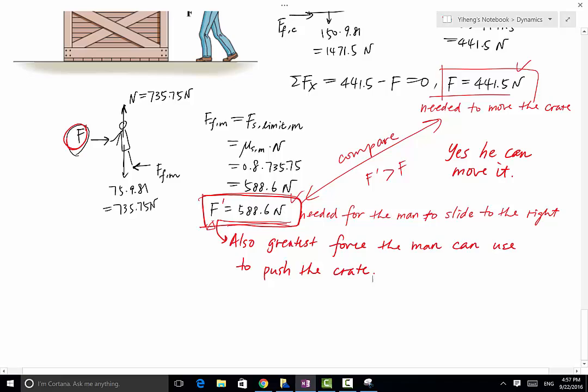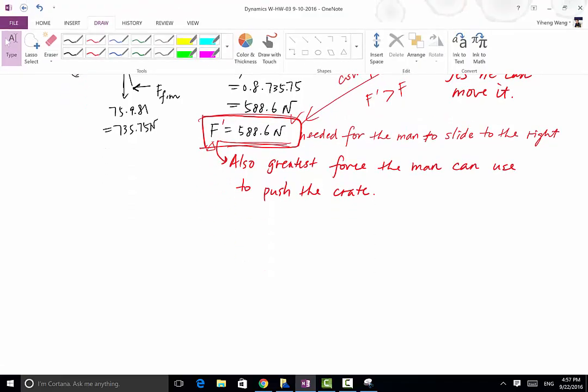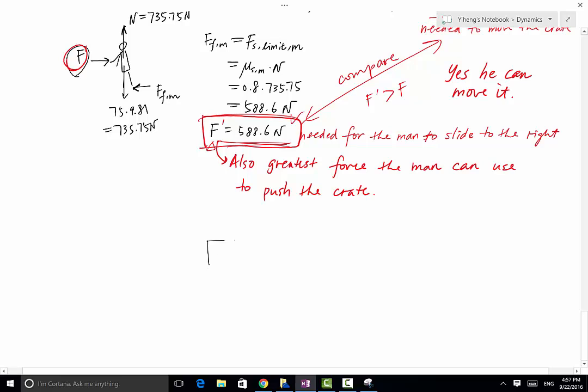Because of action and reaction, if we draw the free body diagram of the crate again, the force the man gives the crate is the maximum static frictional force for the man, that is 588.6 Newton.